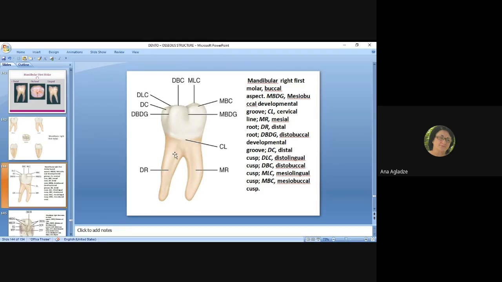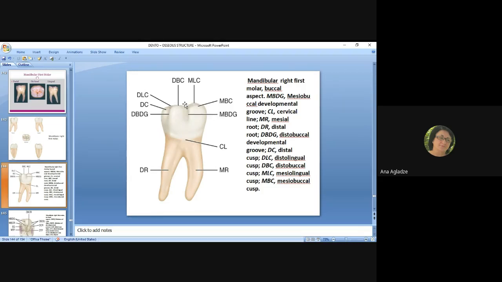You can see the distobuccal developmental groove here, and the distal cusp. You can also see the distolingual cusp, the mesiolingual cusp and the mesiobuccal cusp.